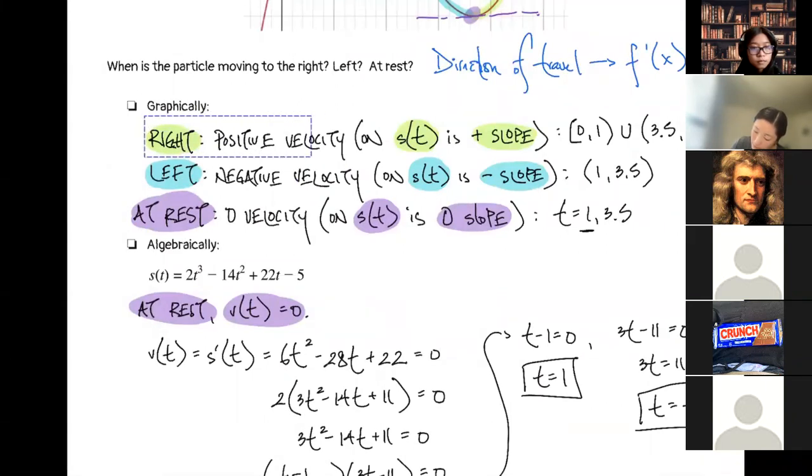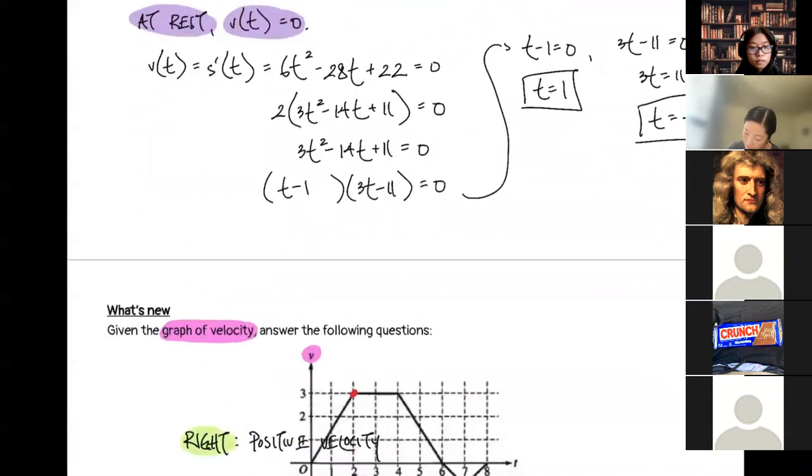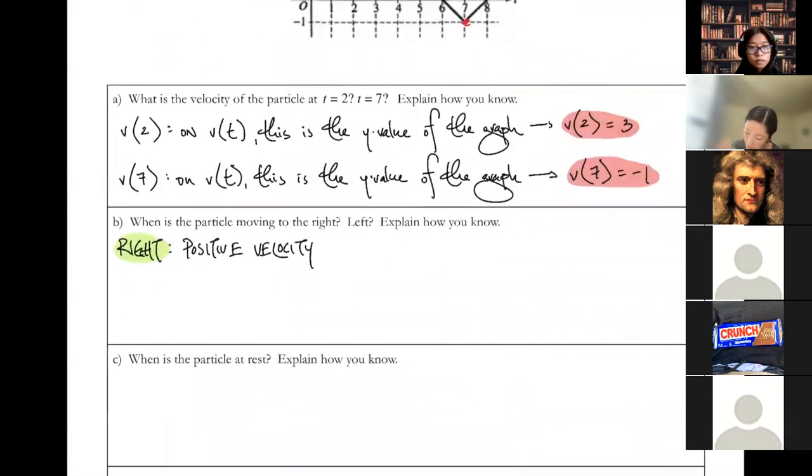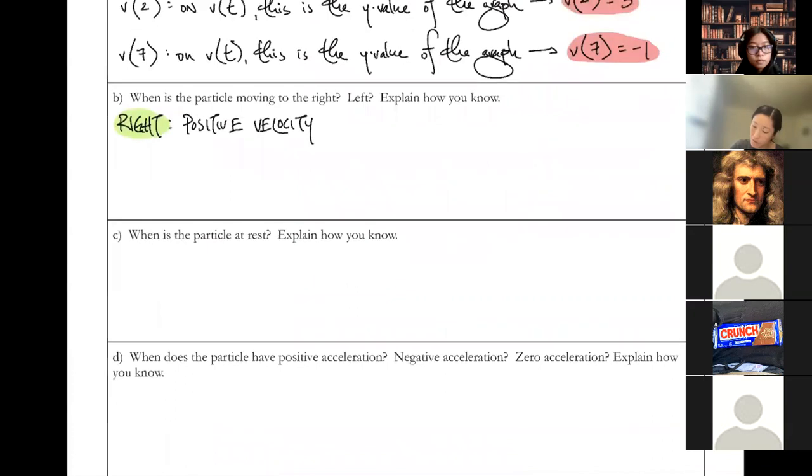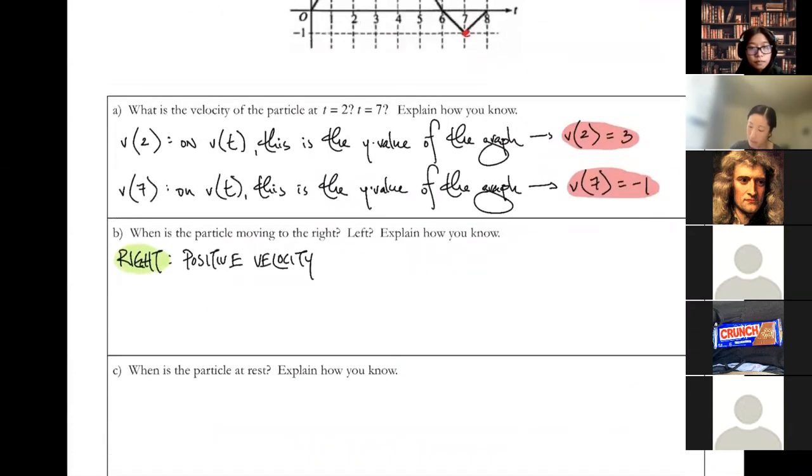We said that something is moving to the right when there is positive velocity. All right, so something is moving to the right when there's positive velocity.